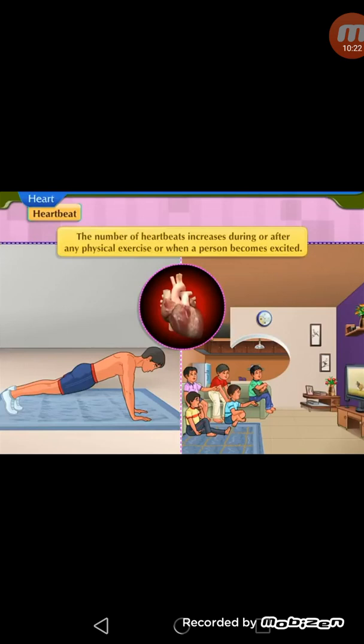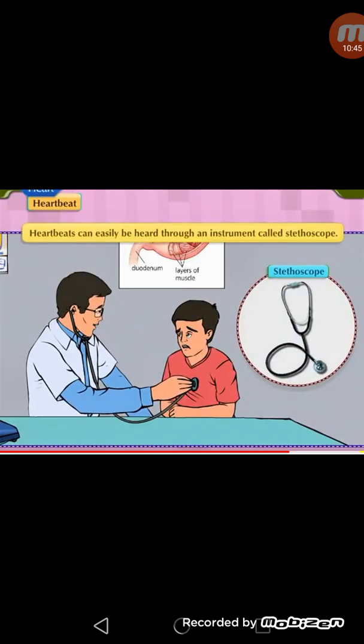The number of heartbeats increases during or after any physical exercise or when a person becomes excited. So during heavy exercise the number of heartbeats increases from 72 to 80 to 90 according to the physical work of the person. So we can say heartbeat is the contraction and relaxation of the heart muscles.